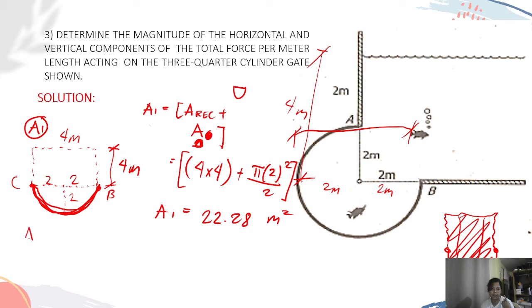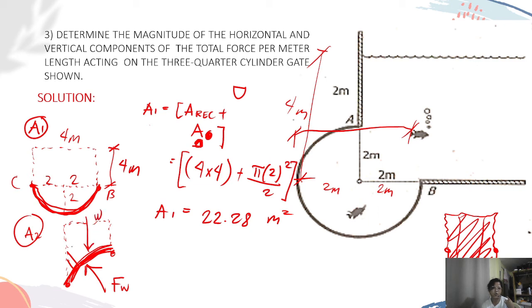Tapos, pagdating mo sa area 2, dahil yung liquid ng water is below this curved surface, nandito yung water, so area of water, force of water. So ang kailangan mong gawin dyan is to project an imaginary liquid above the curve. You have to project an imaginary volume of liquid above it to counterpart.